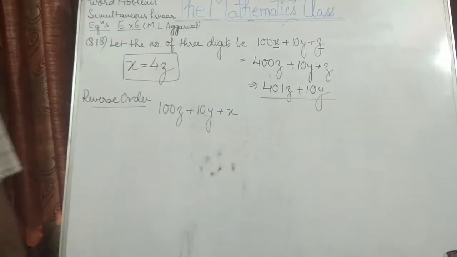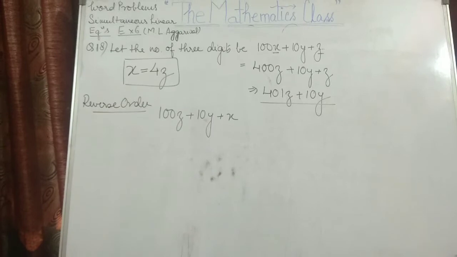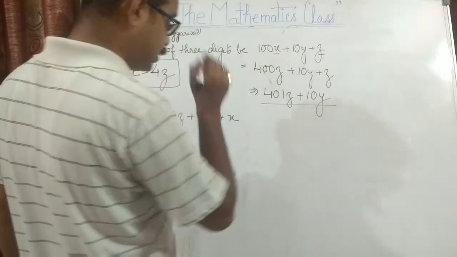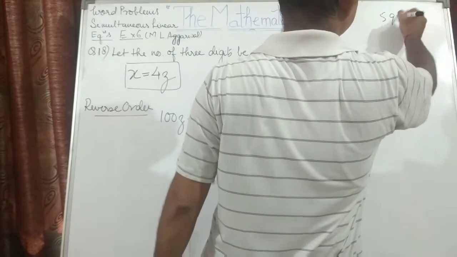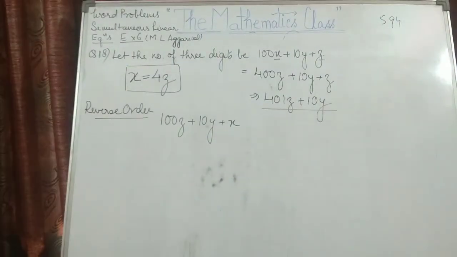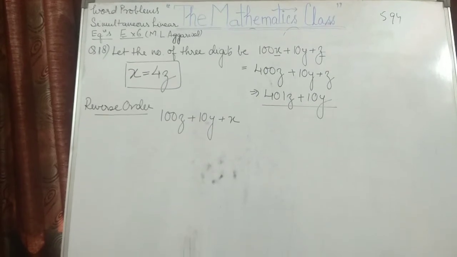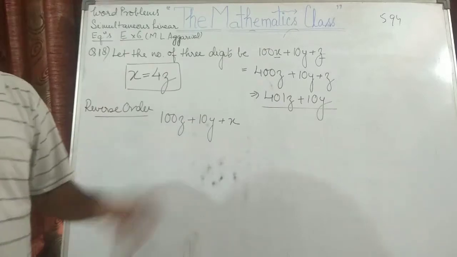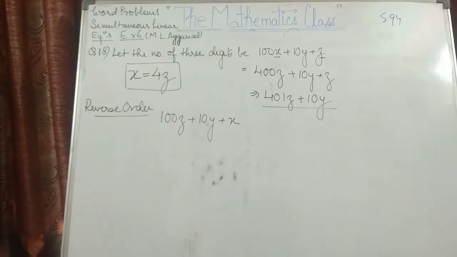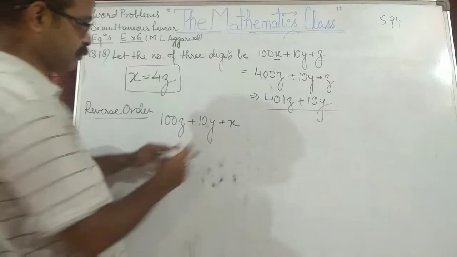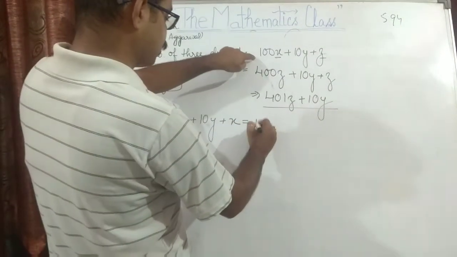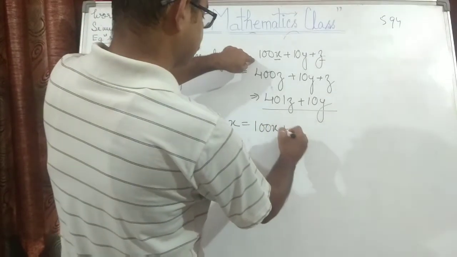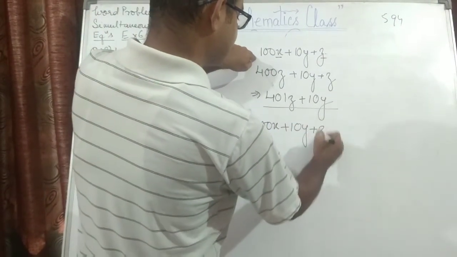If the digits are written in reverse order, the value of the number is decreased by 594. It means, what was the original number? 100x plus 10y plus z.